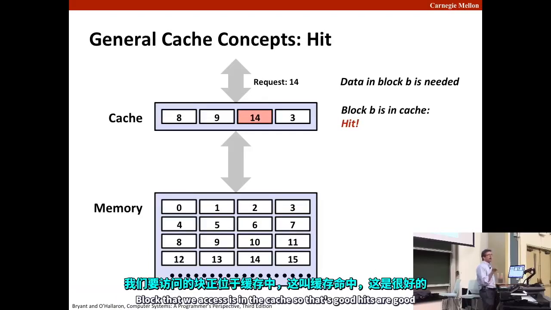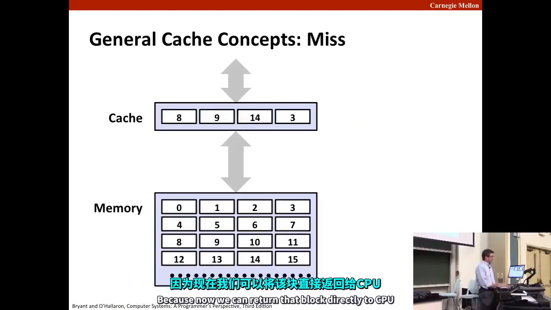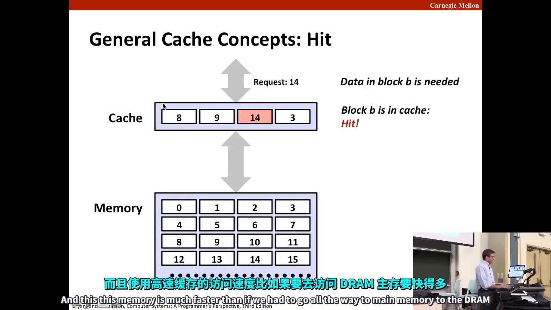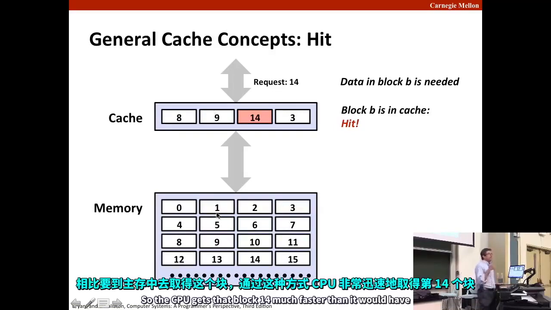The block that we access is in the cache. So that's good. Hits are good, because now we can return that block directly to the CPU. And this memory is much faster than if we had to go all the way to main memory, to the DRAM. So the SRAM is much faster than the DRAM. The CPU gets that block 14 much faster than it would have if it had just gone all the way to memory.